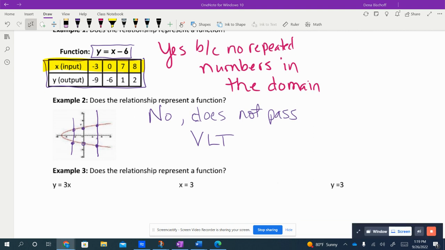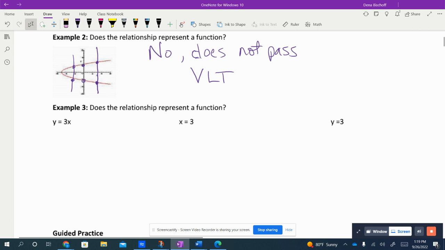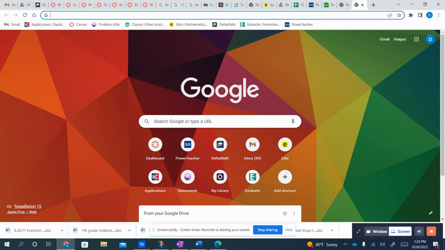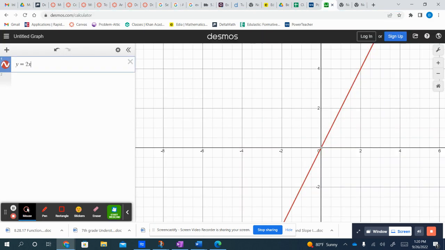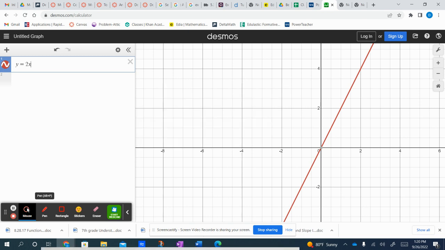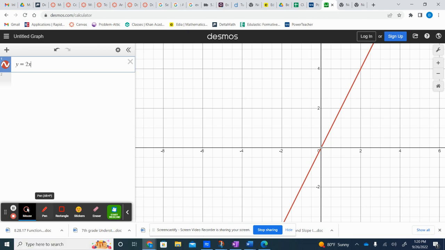Okay. Some of you guys graphed things like this. Does this represent a function? Well, let's go to Desmos Graphing and graph it really fast. What was it? Y equals 3x. So y equals 3x.